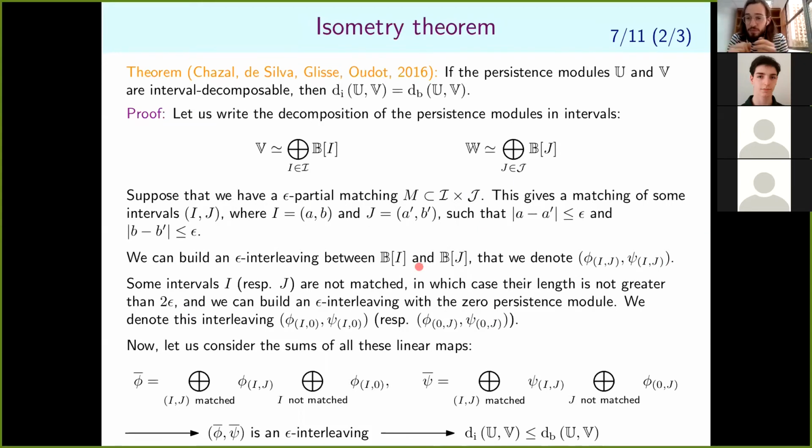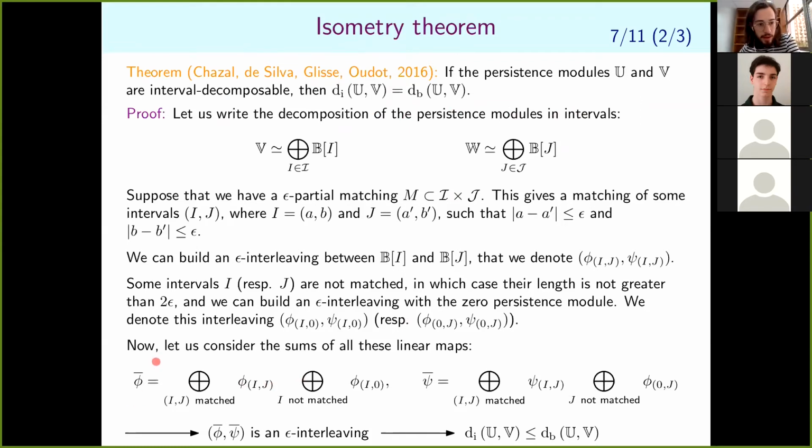So at the end, we defined a lot of epsilon interleavings between bars of different barcodes, or between bars alone, and we put the 0 interleaving. All right. So now, how do we define a global epsilon interleaving between the 2 persistence modules? We just take the sum of all these epsilon interleavings.